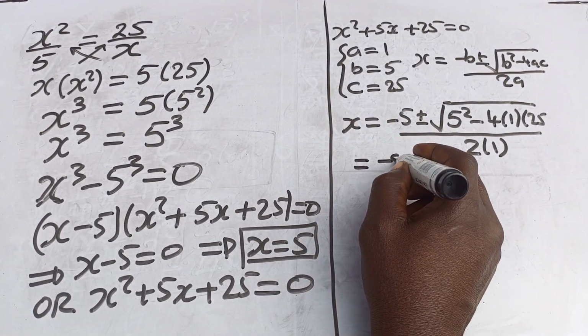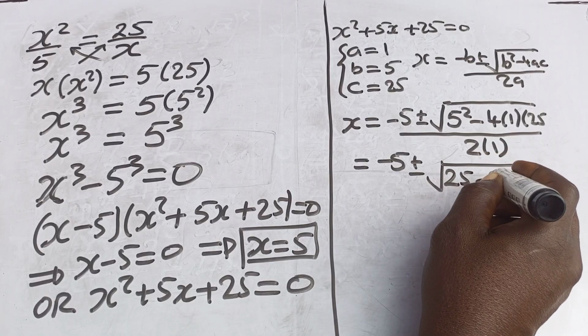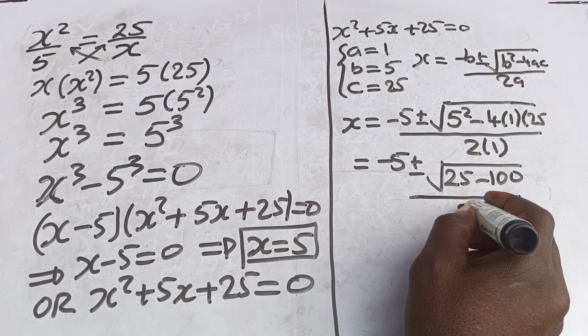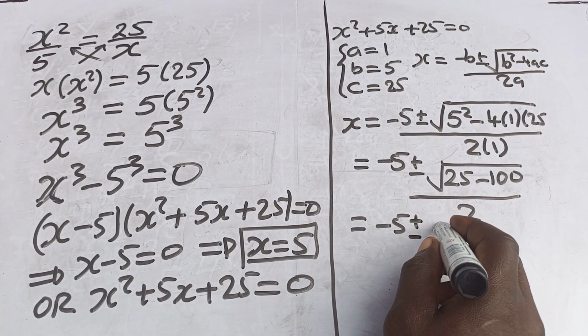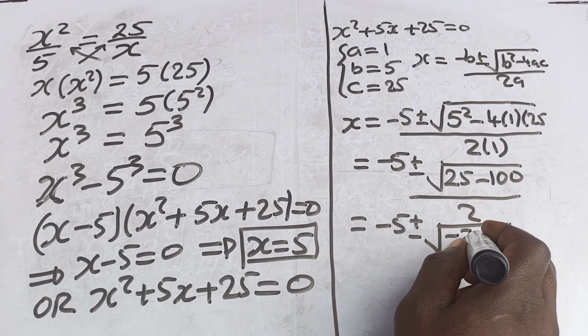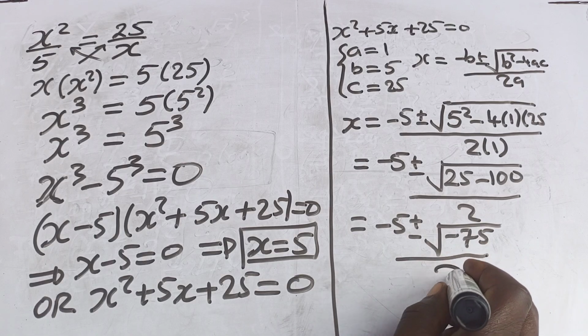So this is negative 5 plus or minus the root of 25 minus 4 times 25, which is 100, all over 2. This is going to give us negative 5 plus or minus the root of 25 minus 100, which is negative 75, all over 2.